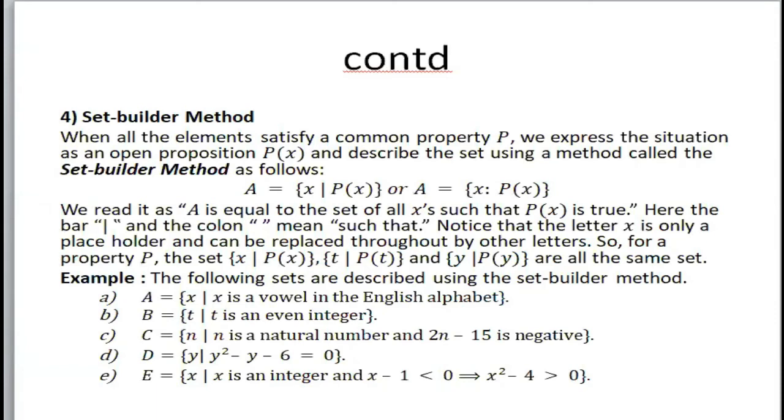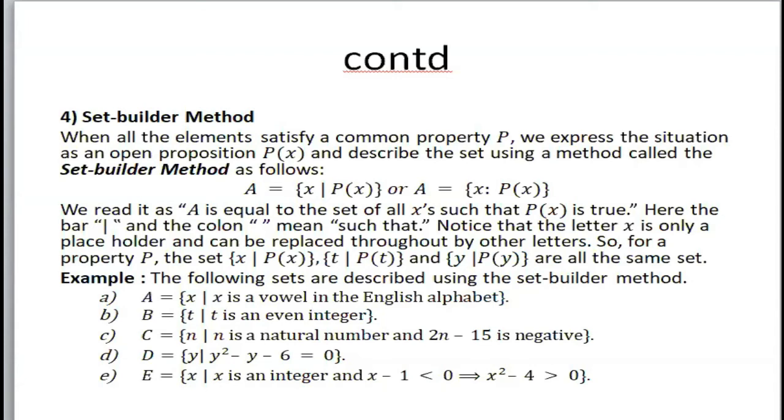Okay, the fourth description of a set is the set builder method. That will be the end of this class. When all the elements satisfy a common property P, or a common property F, or a common property given by some other letter, we express the situation as an open proposition P of x, or F of x, or G of x, and describe the set using a method called the set builder method.